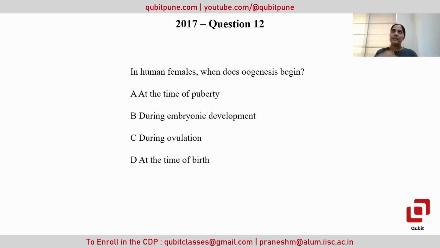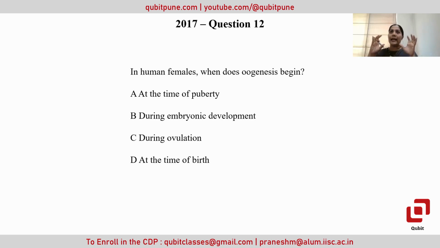So oogenesis means formation of the egg, in layman's language. This process begins at the time of embryonic development, that is, in the fetal stage. The meiosis process is stopped at the midpoint, within the first part itself.